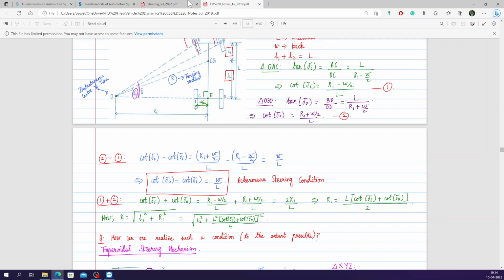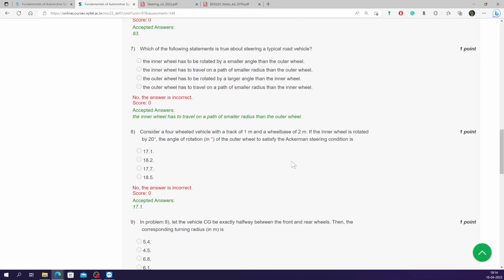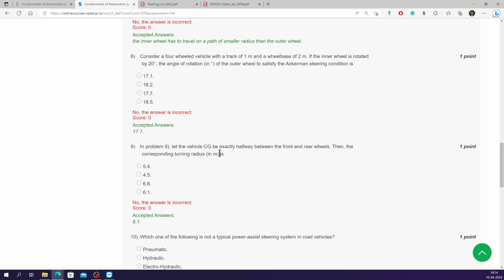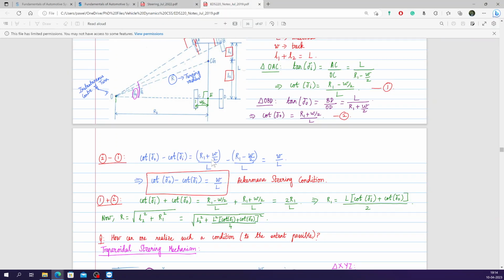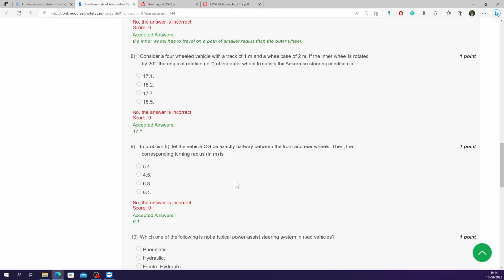Now in problem 8, let the vehicle CG be exactly halfway between front and rear wheels. So L1 and L2 equal 1. Then the corresponding turning radius is... I think here we also figured out the turning radius R, which is the square root of L2 squared plus capital L squared cot delta I cot delta O. So L is 2 meters, L2 is 1 meter, delta I is given as 20 degrees, delta outer you can find from here, so you can find the radius as well.